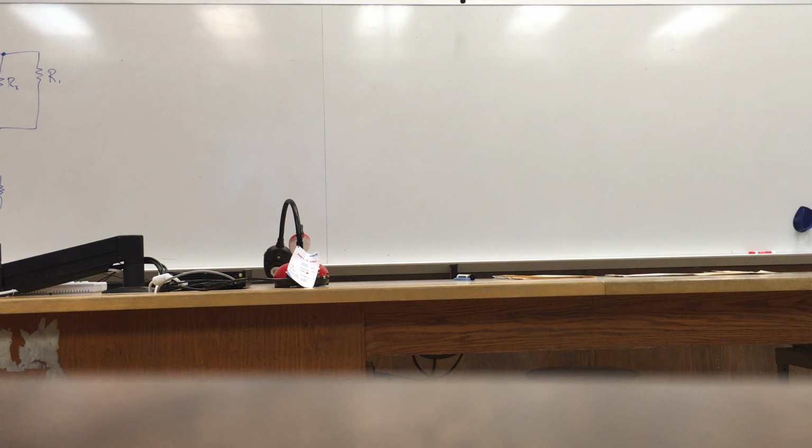So, for instance, in fact, let me show it this way. This, electrically, is the exact same picture as this, even though physically it doesn't look exactly the same, right?